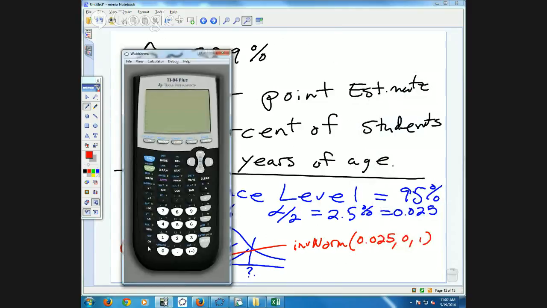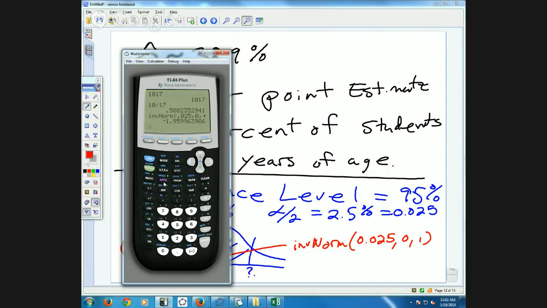I like using percentages when I'm talking to people, but the calculator expects it to be a decimal, right? So inverse norm, option 3, 0.025, 0, 1, and I get a negative 1.9599-ish, often abbreviated negative 1.96.